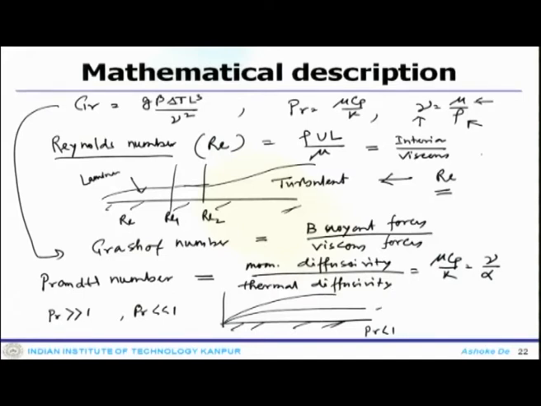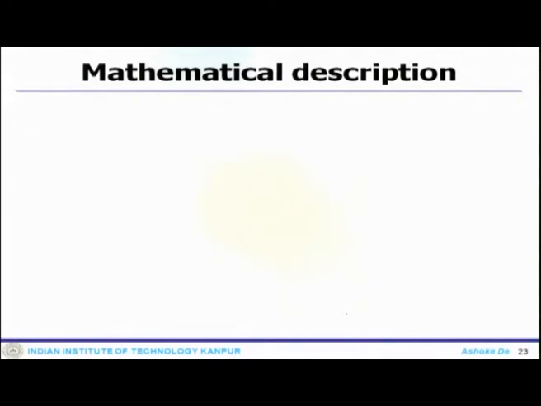So, this will be your hydrodynamic boundary layer, and this is your thermal boundary layer. While if the Prandtl number becomes greater than 1, this would be completely reversed.